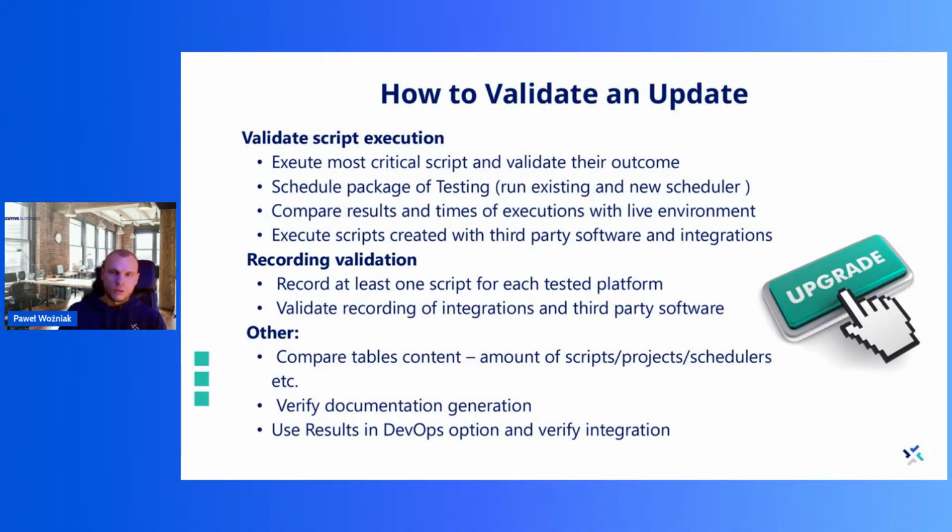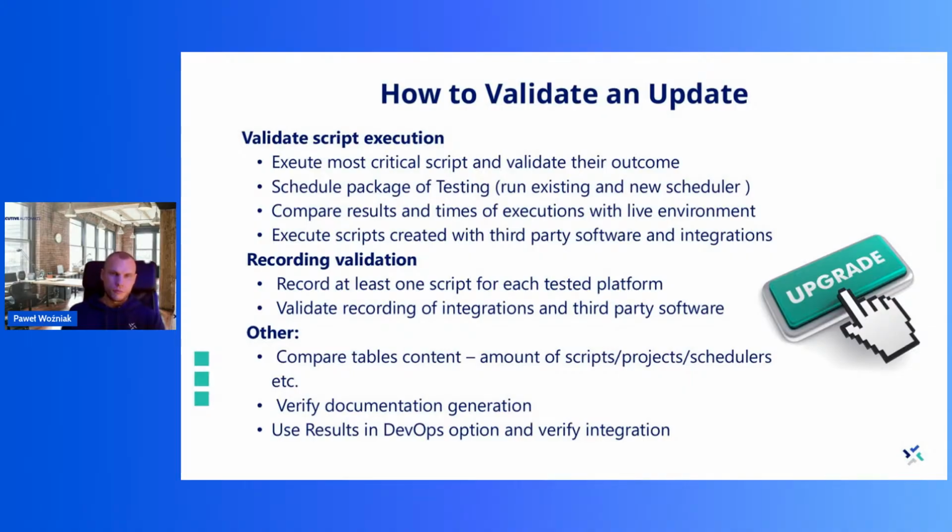It's also worth validating the packages of testing. If you already have schedulers that you use for regression or smoke testing, then it's good to compare the scheduled execution between those versions, to see how the scheduler behaves.